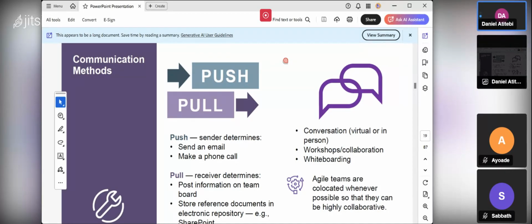You can make decisions about the project, or whiteboard or information radiator. This is whiteboard or Kanban board, whereby you radiate information and everybody can see it clearly. So agile teams are co-located whenever possible so that they can be highly collaborative.